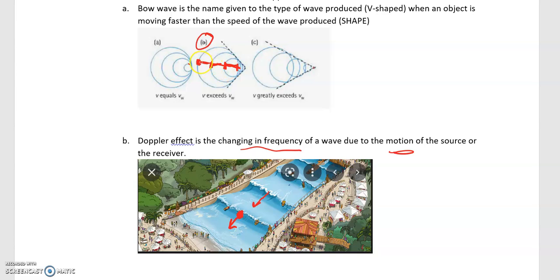So the frequency with which those waves hit you is still going to be the same. There is not a change in frequency in a bow wave. The bow wave is describing the shape produced when we have those differences in speeds of the objects and the waves, versus the Doppler effect, which produces a change in frequency because of the motion of either the source or the receiver.